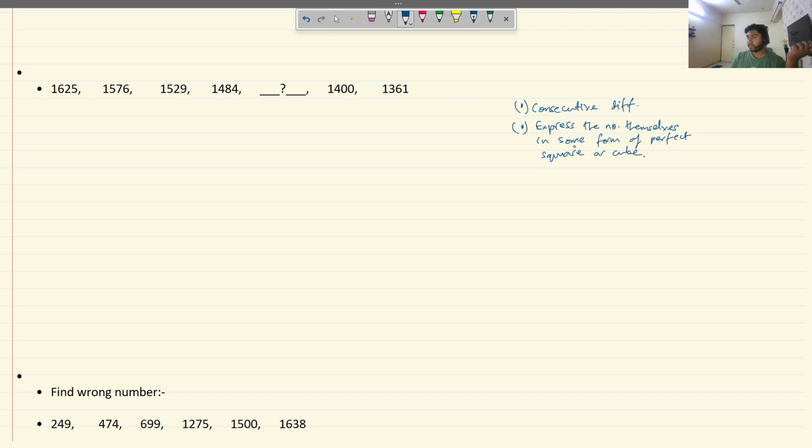I can see from my observation, because I have memorized the table of squares till 30.